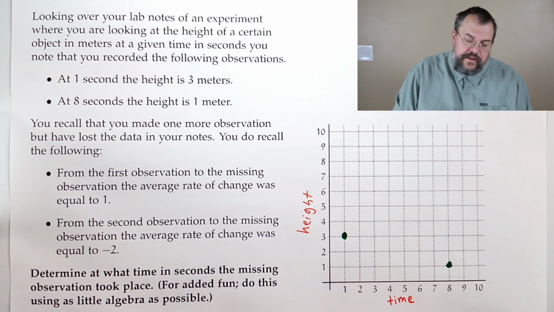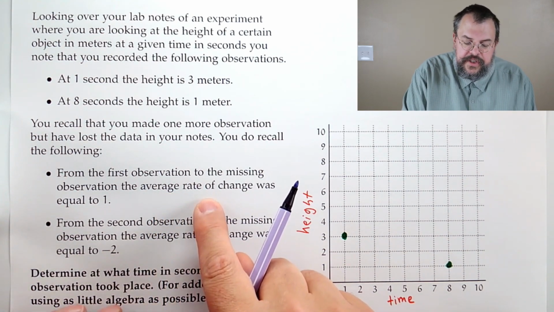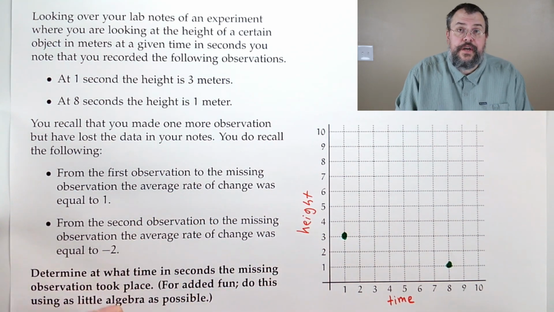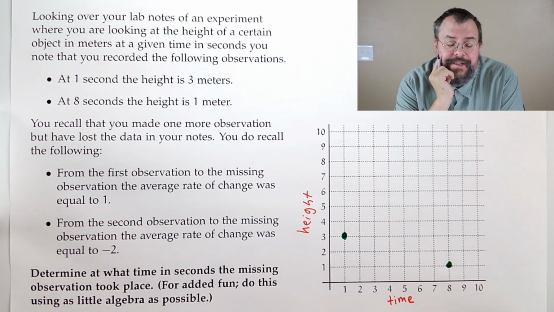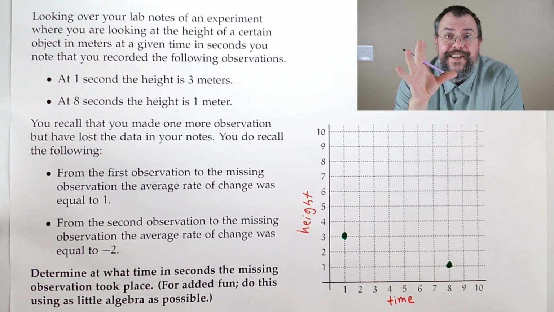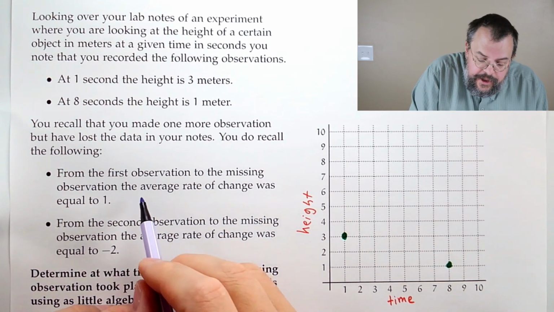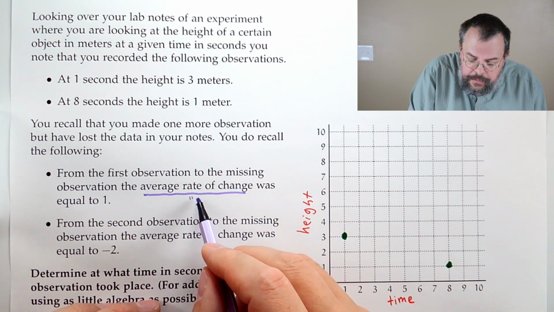Now, what's the next thing? From the first observation to the missing observation, the average rate of change was equal to 1. Now we have to think about, well, what does that mean? And here's sort of the idea, and this is a really cool idea. One way to think about the average rate of change is it's kind of like a slope.